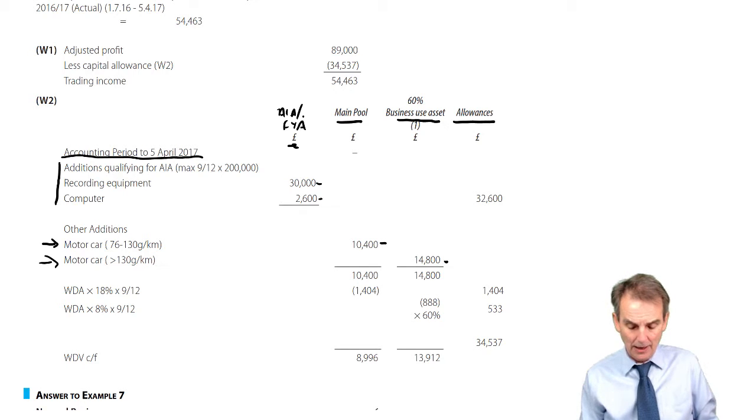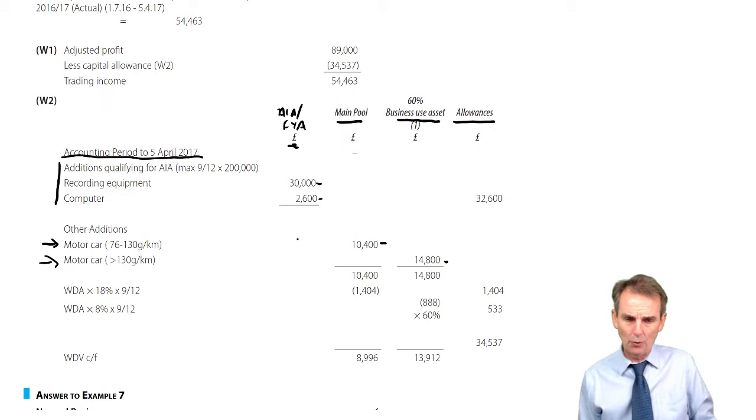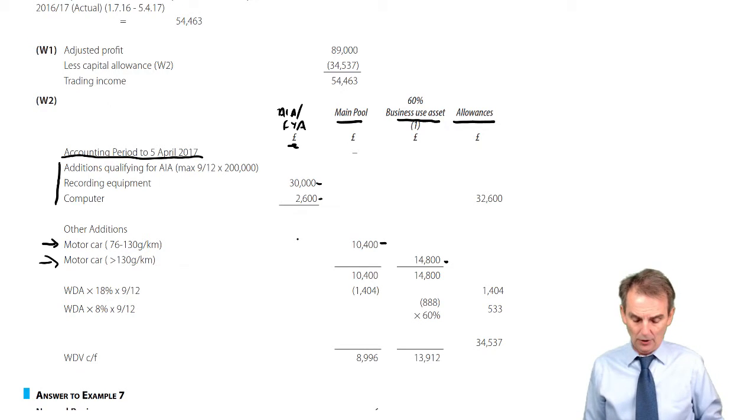We're using the AIA stroke FYA column, pretty routine in terms of most of the examples of any substance that you'll have to deal with. Main pool, obviously as it's a new business, there's no tax written down values brought forward here, and the main pool does get used, not because additions exceed the AIA limit, which would be another reason for it, but of course here because we've got the motor car being purchased.